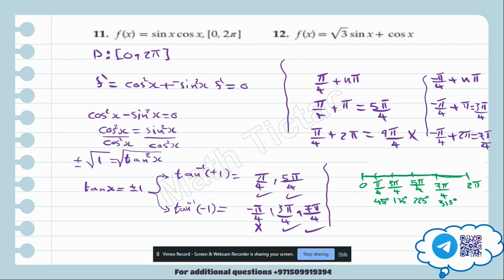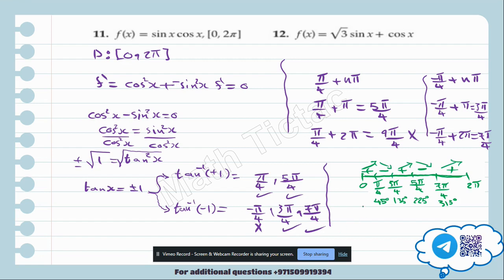So after substituting and finding the value of the function, this is going to be positive, this is negative, this is positive, and in here negative, and in here positive. So in here we have upward, downward, up, down, up.